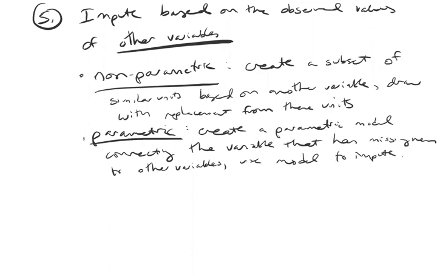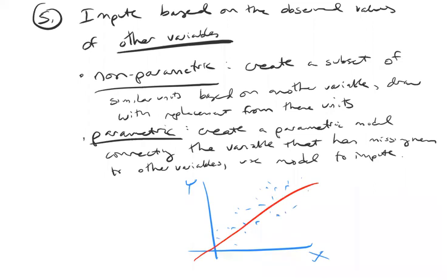So for example, suppose that I have an X value and then a Y value. Here's the data where I observe both. Here's a linear regression line that I fit to them. Let me make it look a little more like the right linear regression line.